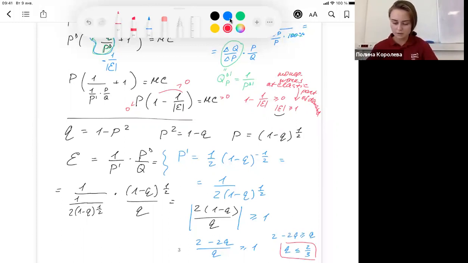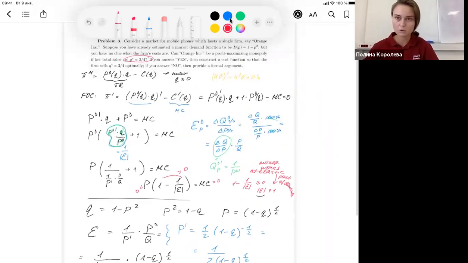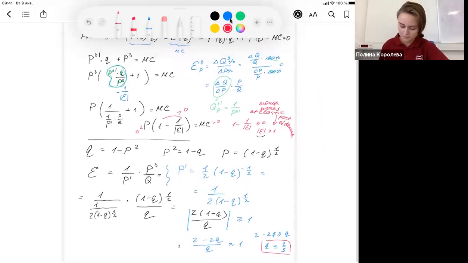And let's check what we have in the task. We have 3 over 4. So let's write down q star equals 3 over 4 is bigger than 2/3. Agree? Or am I right? I think yes. This is 9 over 12, and this is 8 over 12.